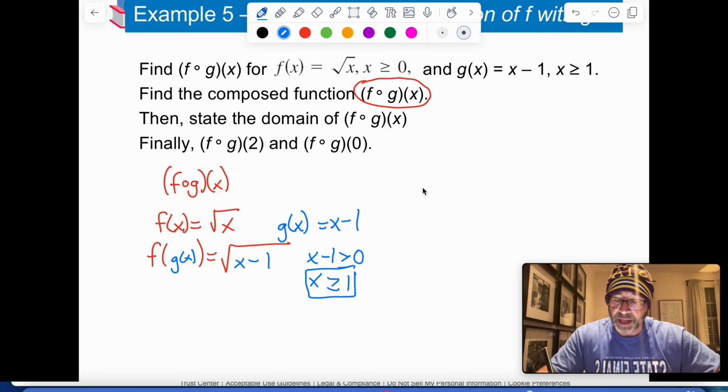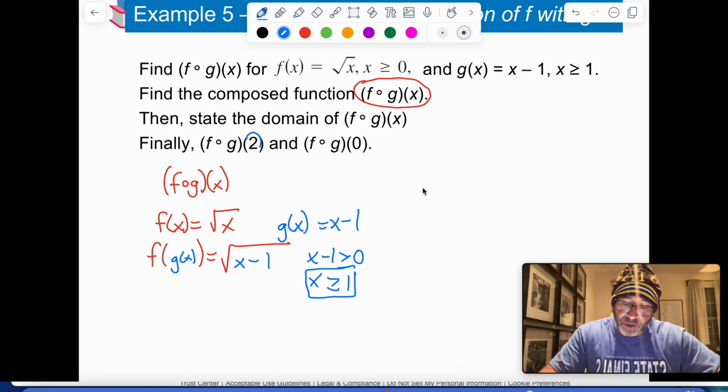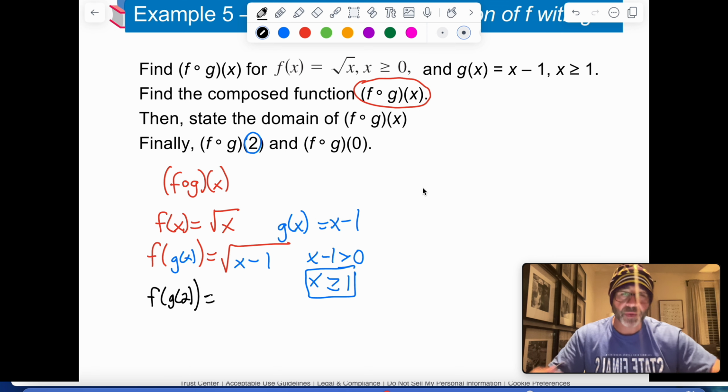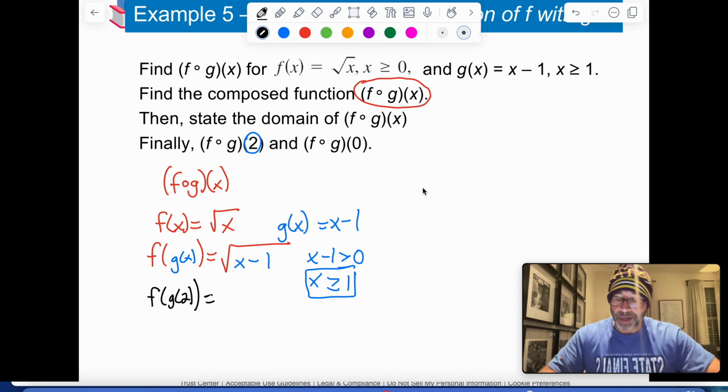When it says finally f of g of 2 and f of g of 0, here's what it's saying that we're doing. We're going to now evaluate this function when it's equal to 2. So, let me get rid of these colors here and just go black for the rest of this. So we do f of g of 2, which says that now that we have g of x plugged into f of x, we're going to evaluate that function when it's 2.